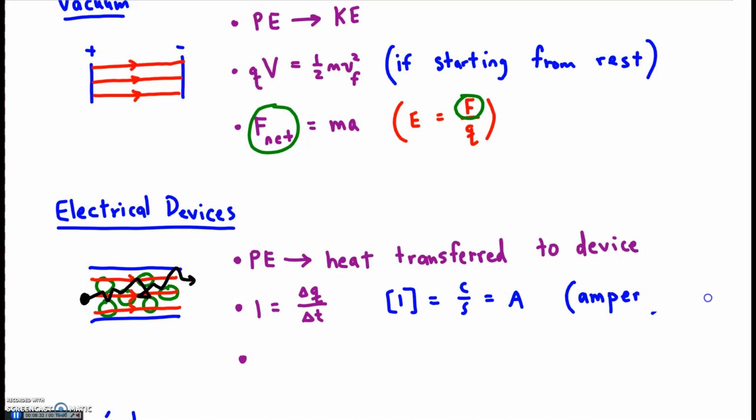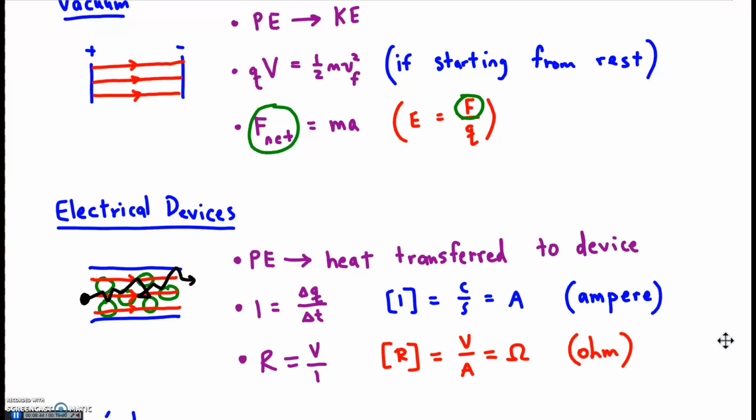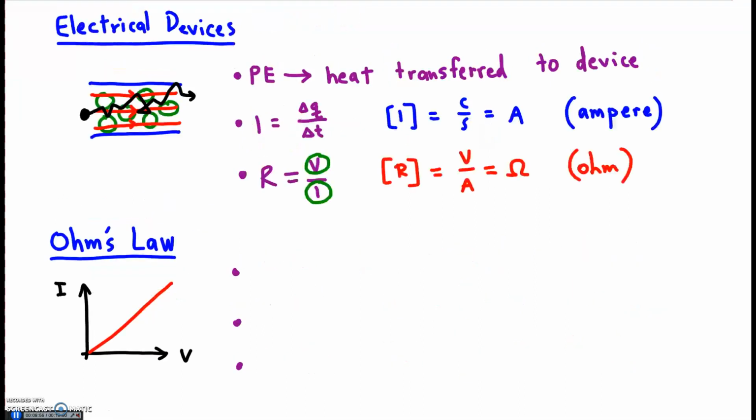We define the current through the device as the rate at which charge flows, and the unit is the ampere. We define the resistance of the device as the potential difference, V, across the device, divided by the current, I, through the device. We use ohms to measure resistance.